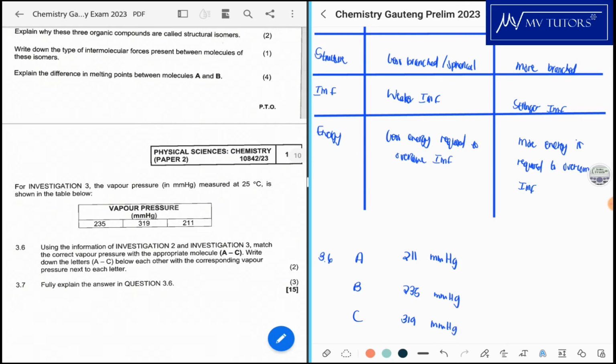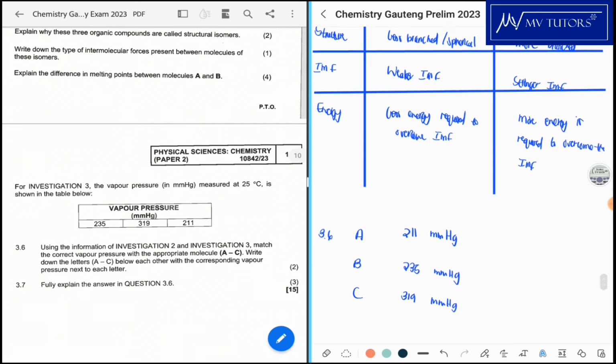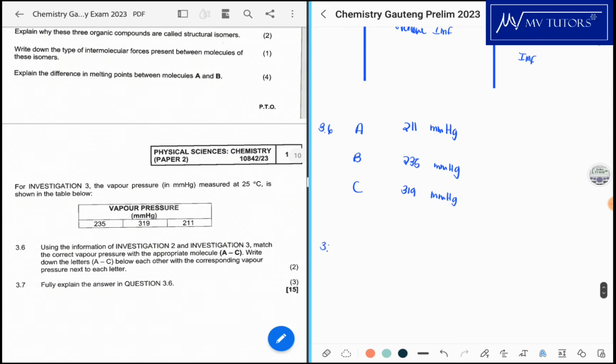Alrighty. Okay, and then 3.7, the last question, it says, fully explain the answer in question 3.6. Well, basically, the higher the boiling point, the lower the vapor pressure will be.